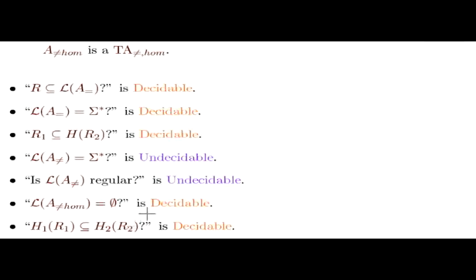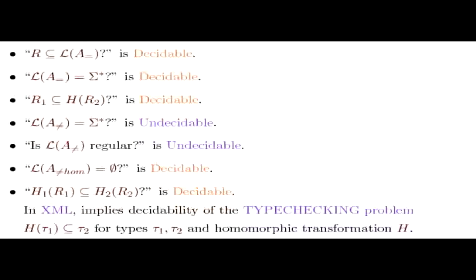The decision procedure complements the second automaton, obtaining a tree automaton with inequality constraints, intersects it with the first, obtaining a tree automaton with Hom equality and inequality constraints, and tests emptiness. In the context of XML, this solves the type-checking problem for homomorphic transformations, that is, whether the image of a type is included in another type.